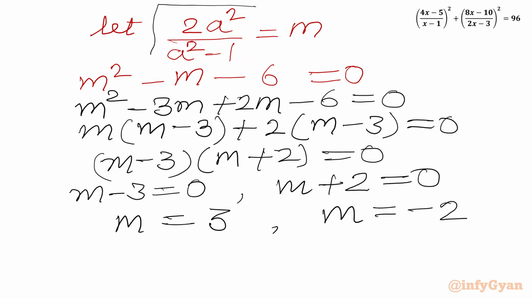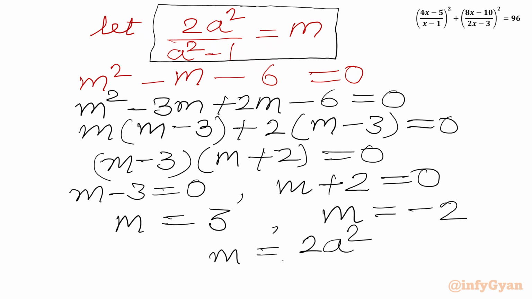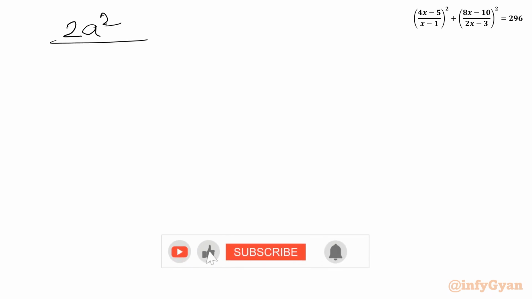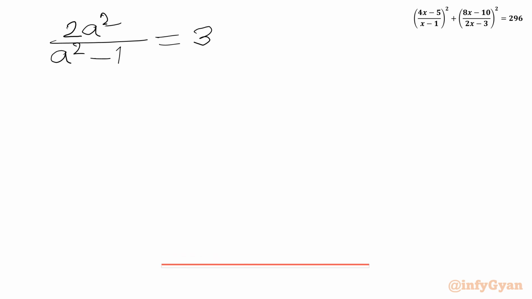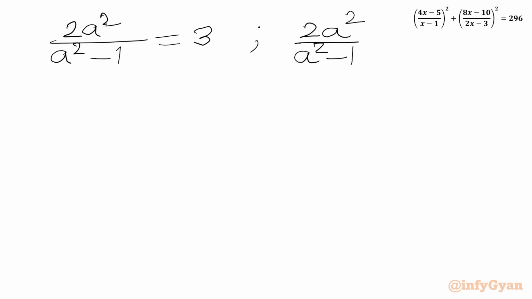Now m was 2a square over a square minus 1. So we have to solve two equations. Let's solve. I will write 2a square over a square minus 1 equal to 3, and the second equation will be 2a square over a square minus 1 equal to negative 2.